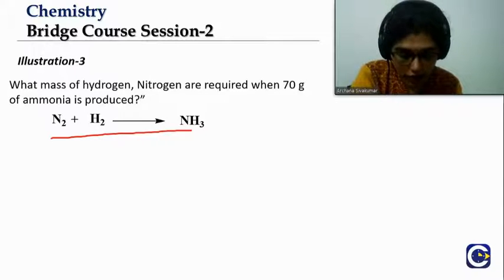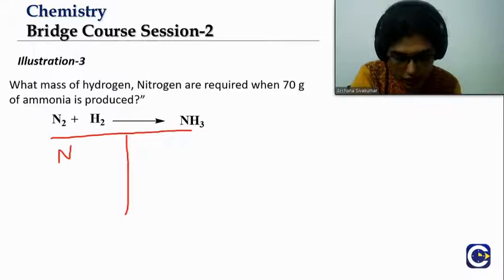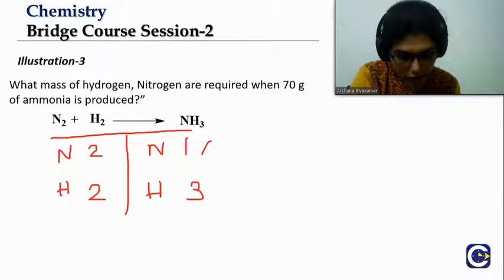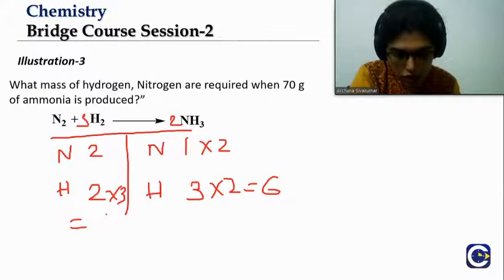So how do we do it? The number of atoms on the left hand side and the number of atoms on the right hand side. So we have 3 here, we have 1 here, and we have 2 and 2 here. If I multiply it by 2 here, I'll get 6 hydrogens. Am I right? So in order to balance that, I would have to add a coefficient 3 here.